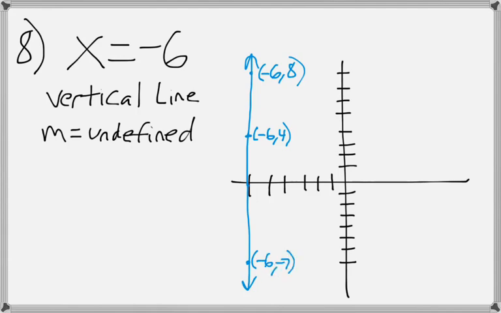So you'll notice that all of these points are on the line, and every single one of these points has the x-coordinate be -6. And that's why this equation belongs to that line, because that's really how it's defined.